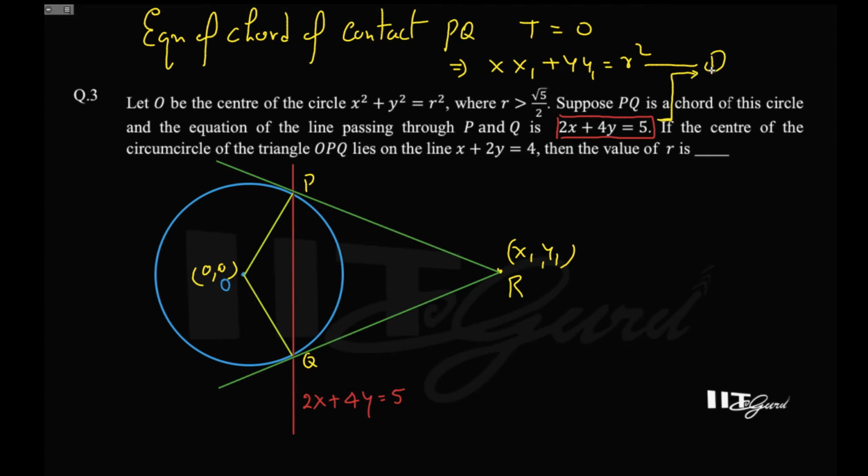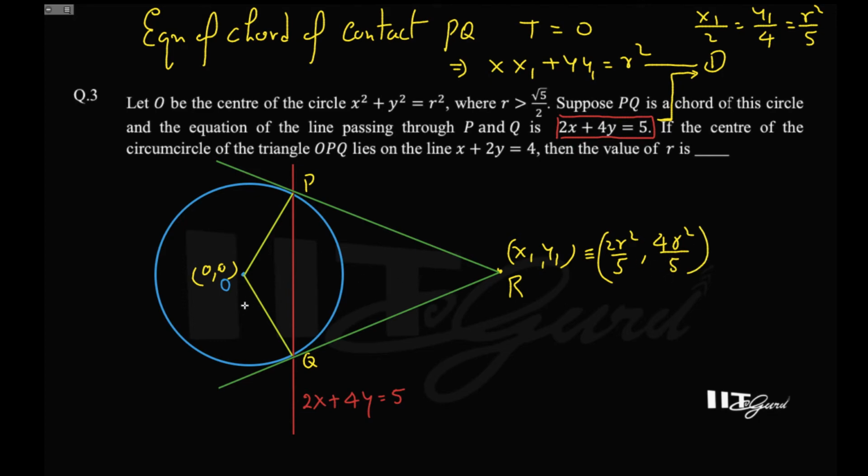Comparing, we write x1 upon 2, y1 upon 4, and r square upon 5. In this way we can get the values of x1 and y1. So x1 will be 2r square by 5, and y1 will be 4r square by 5. So this is the point R.